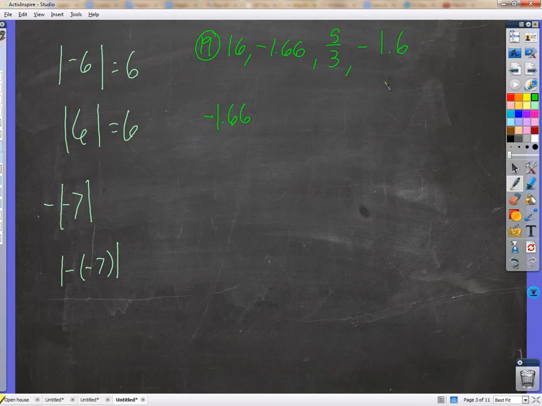You've got 1.6 and 1.66. At least the size of it, the magnitude of it, is larger, right? But it's negative, so it's further to the left. So next is negative 1.6. And what would be next? 5/3? Or is it 16?